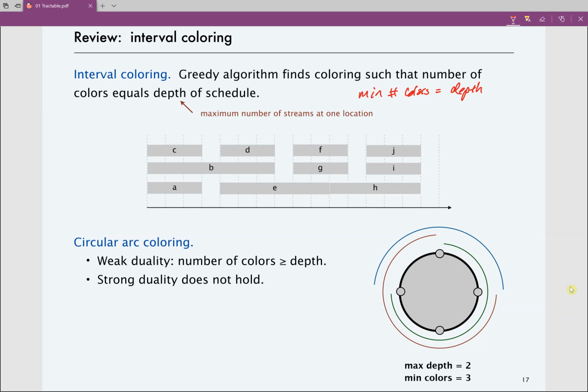Even though when it intersects the blue part it does not intersect the red part, and when it intersects the red it doesn't intersect the blue, at different points along this green interval it intersects both the blue and the red, and therefore we need to give it a 3rd color. So we don't have the strong duality for circular arc coloring, and that means that we cannot apply the greedy algorithm for interval coloring to this arc coloring.